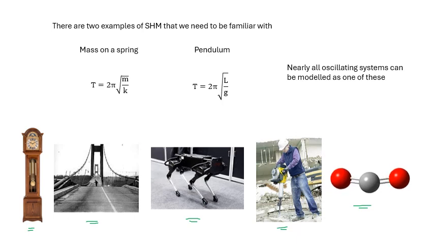These are all oscillating systems, and we can simplify them by saying it's just a mass on a spring, or it's a pendulum. I used to have an old car, and at certain speeds the wing mirror would wobble like mad. It was a mass on a spring. A skyscraper in an earthquake, you can model as either a mass on a spring or a pendulum.